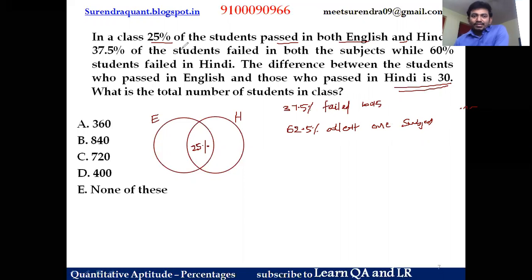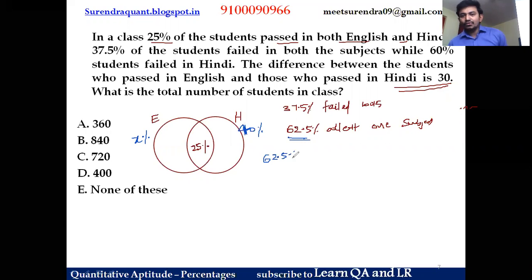While 60% of students failed in Hindi. So if 60% failed in Hindi, 40% will pass in Hindi, because we are trying to convert the data in terms of passed candidates. So if 60% failed in Hindi, 40% passed in Hindi, but we don't know what percent of students passed in English, the X%. Now we know that N of A union B is 62.5%.